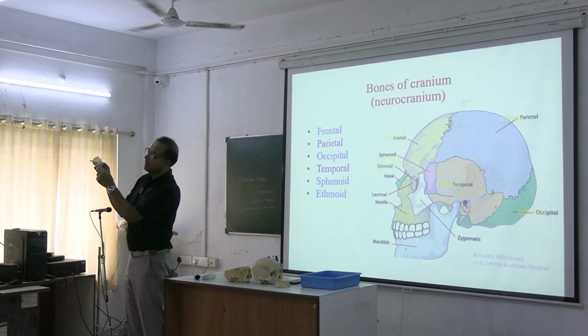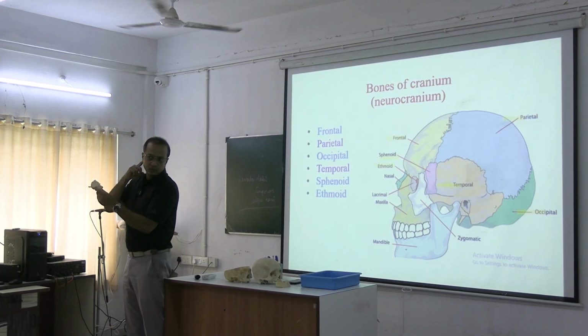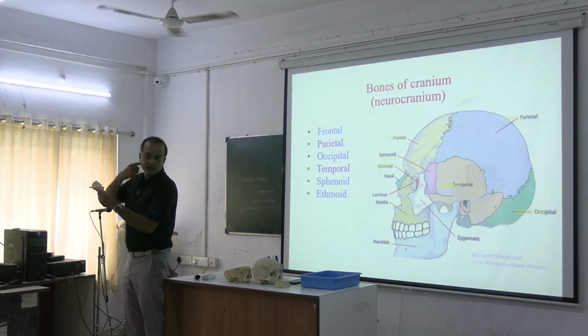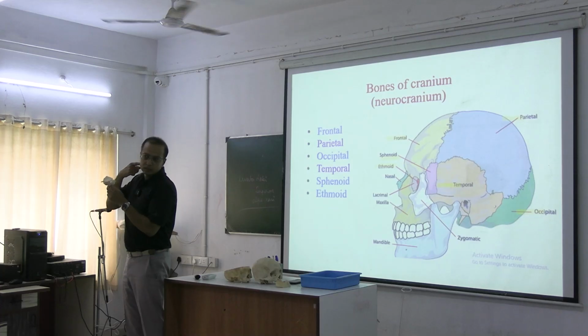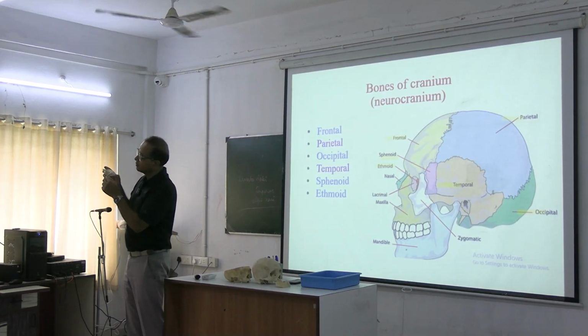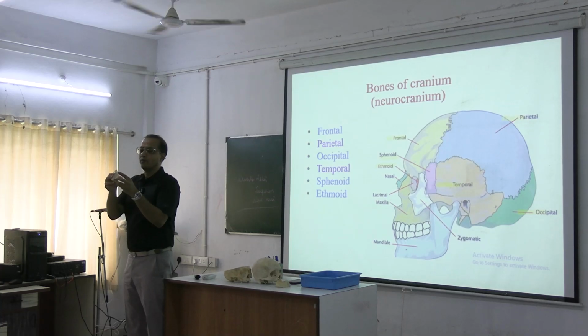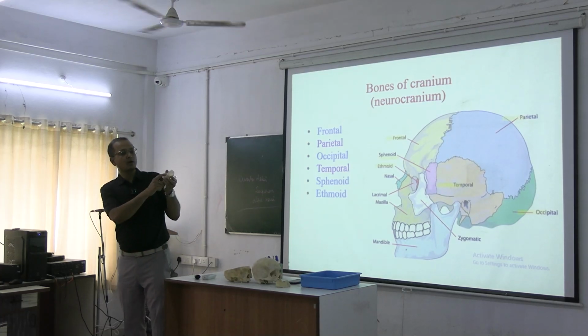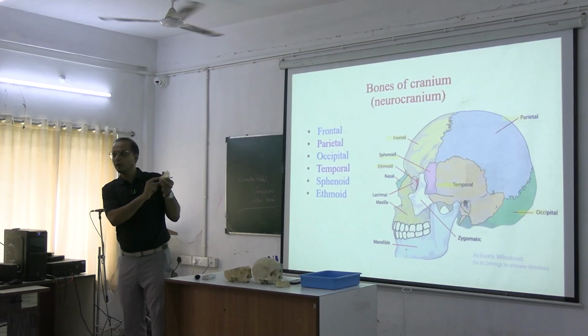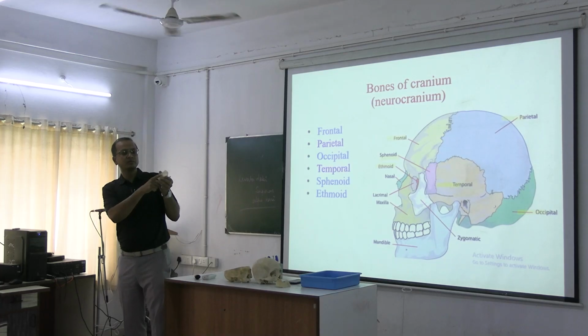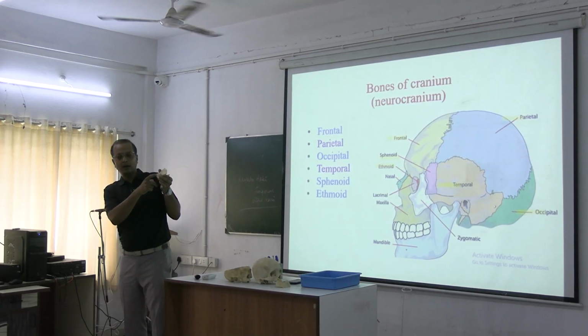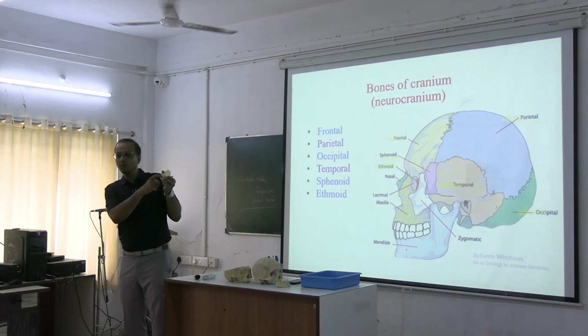Then at the back we have the mastoid process, which you can feel and touch. Deep to this mastoid, going down, we have the styloid process, which is hanging down and is also present at the lateral extreme. If you come to the medial side, this part of the mastoid bone we call the petrous part. The pointed part of the petrous part we call the apex, and the part attached to this bone we call the base.